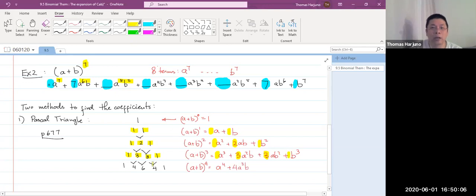My a to the 4 has coefficient 1. a cubed b has coefficient 4. And then plus 6a squared b squared. The coefficient 6 comes from here. And then coefficient 4 coming next, that's plus 4ab cubed. And finally, coefficient 1, b to the 4.